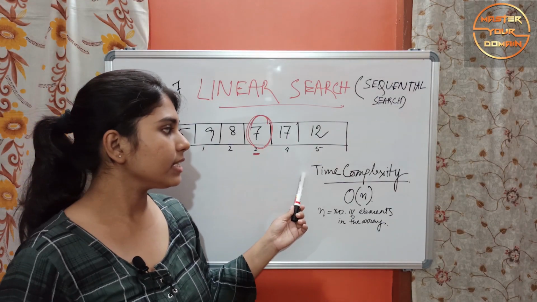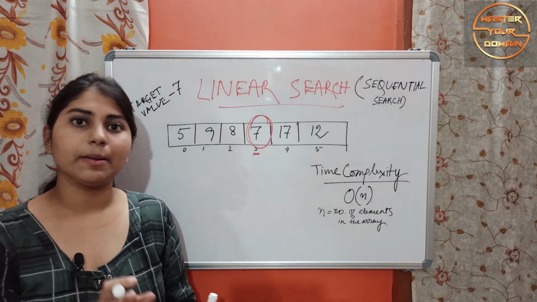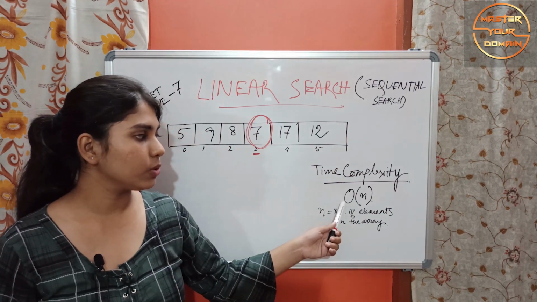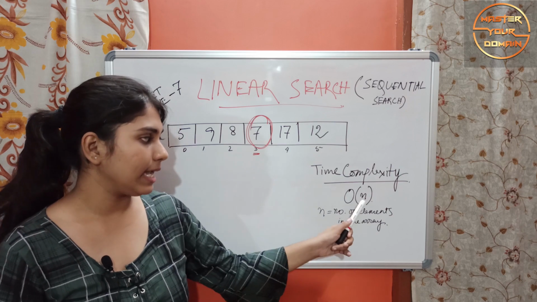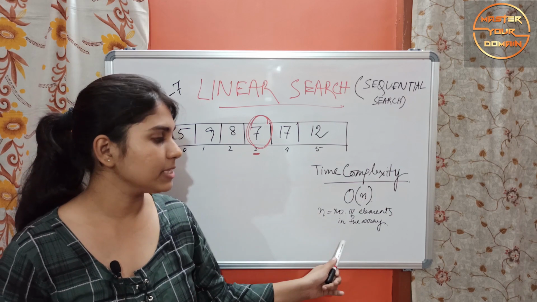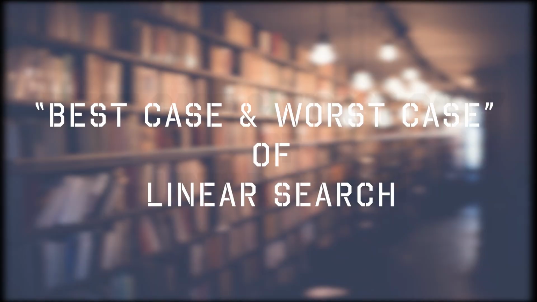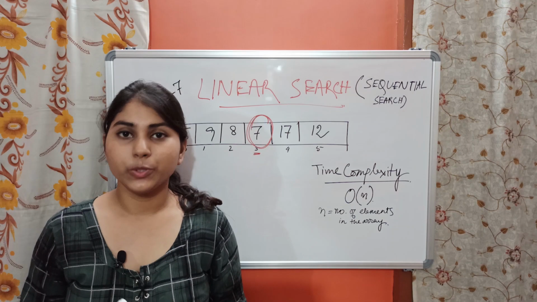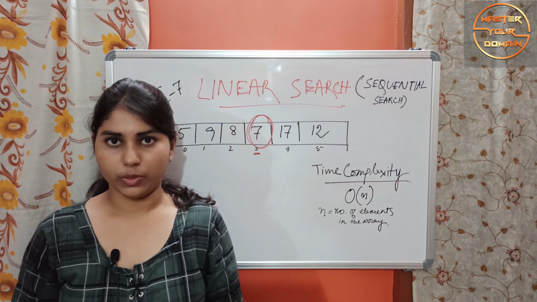Now the time complexity of linear search. The time complexity of linear search is big O n, where big O denotes the time complexity and n denotes the number of elements present in the array. There can be 2 cases, the best case or the worst case.